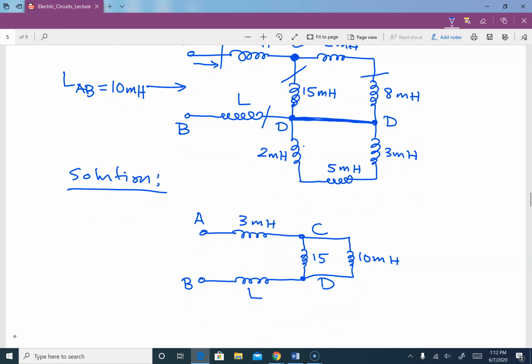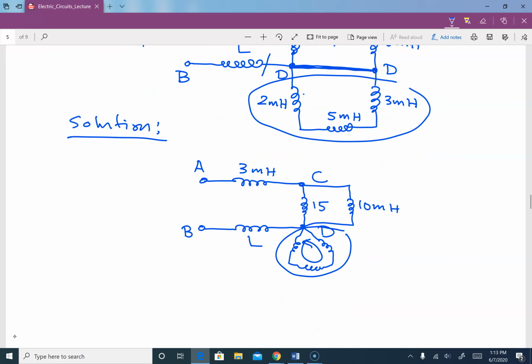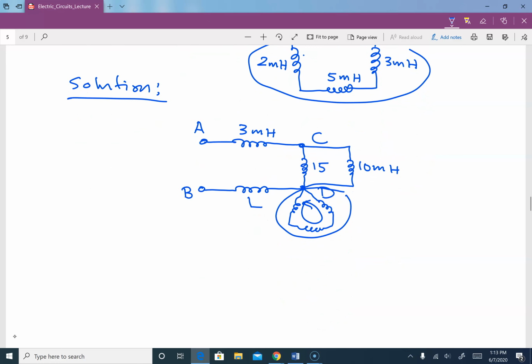Now the only remaining are these inductances, that is between D and D. So 3 of them, that is 1, this is the second, and this is the third, and it is between D and D. Whatever you have in this circuit, if we inject a current, that current will just keep looping here. That means this here really we can take it out. It is not a problem because nothing is affecting the circuit.